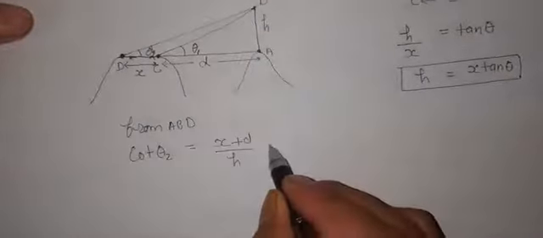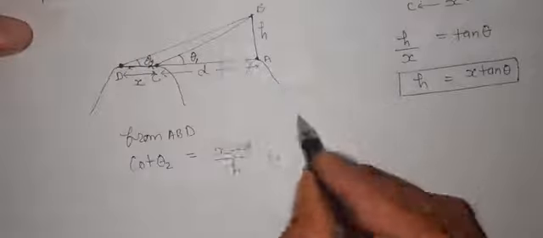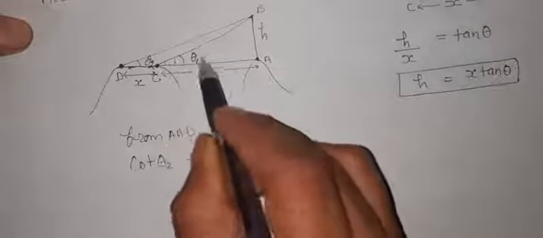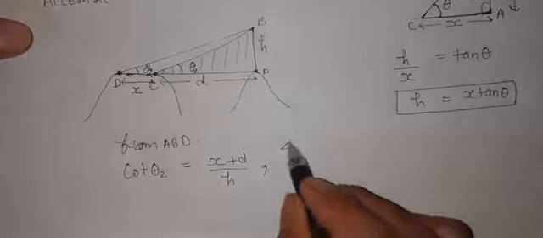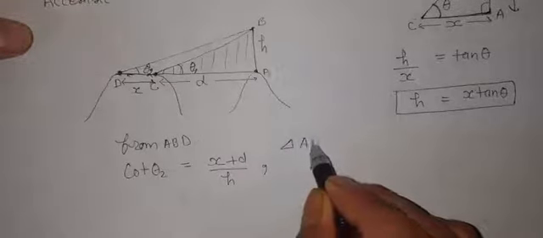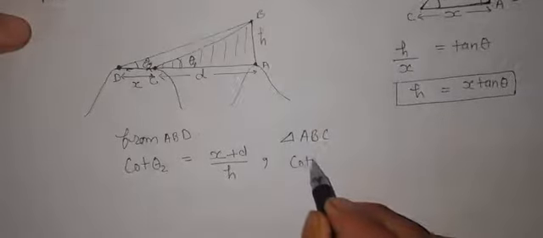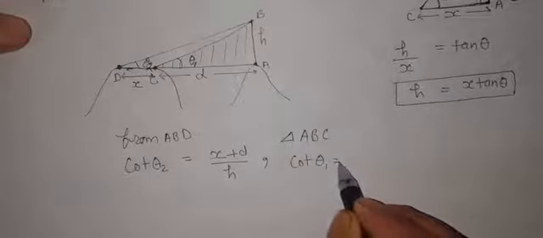And next is this triangle which has the angle theta 1, only this triangle, the second triangle. This is ABC, the second triangle, and from this you will find cot theta 1.